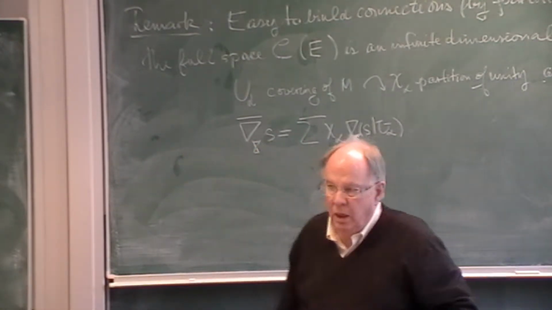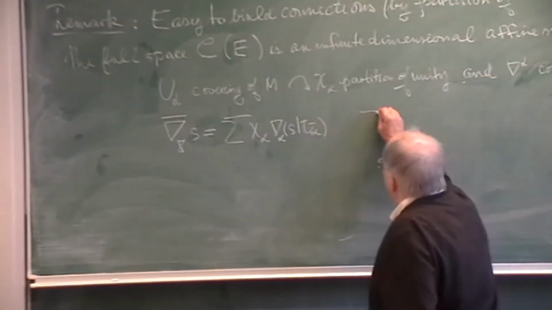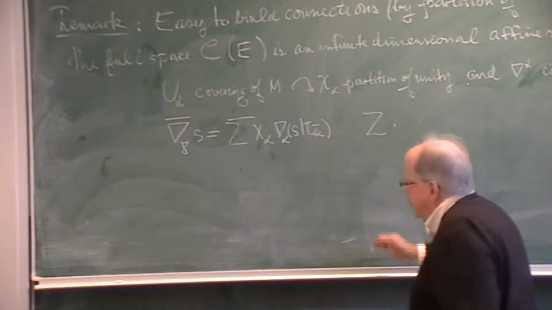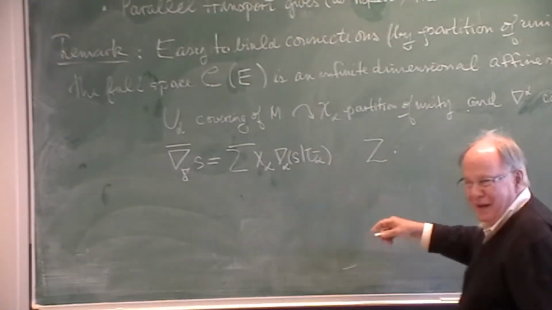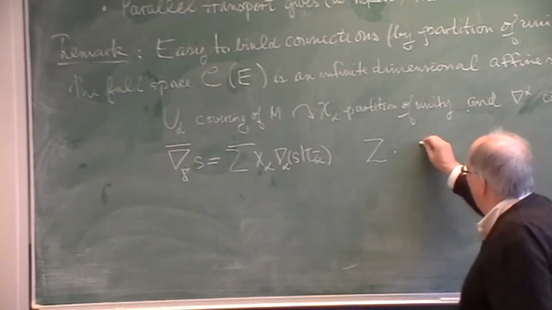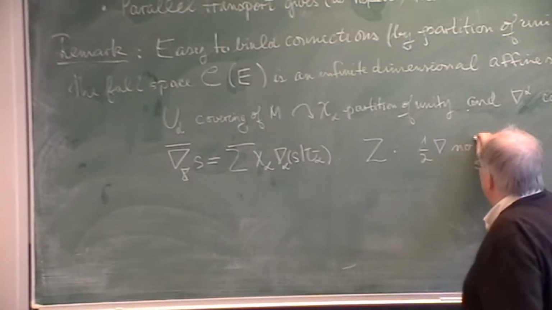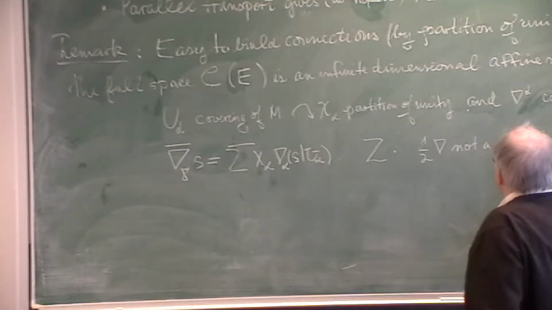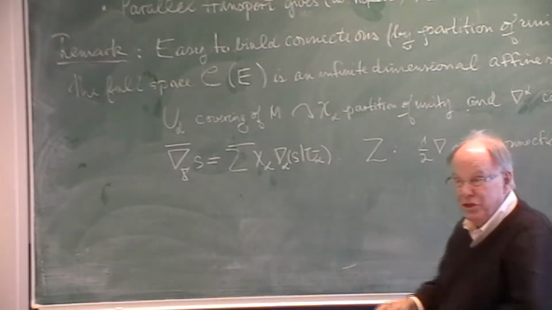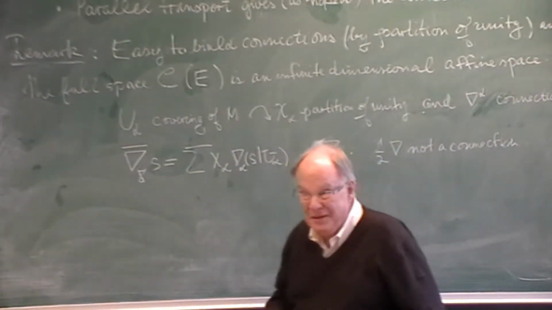Okay? So it's an interesting thing, there's a big Bourbaki warning. The Z in the road of Bourbaki is this: 1/2 of a connection is not a connection. You think you can just multiply by anything and so on, but it's quite key here that that's a partition of unity.